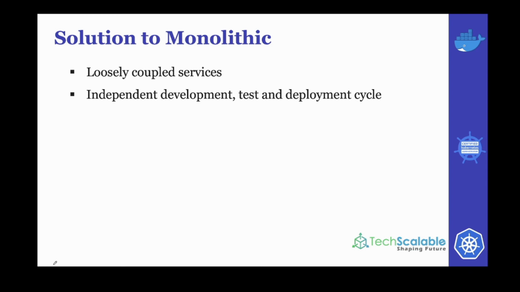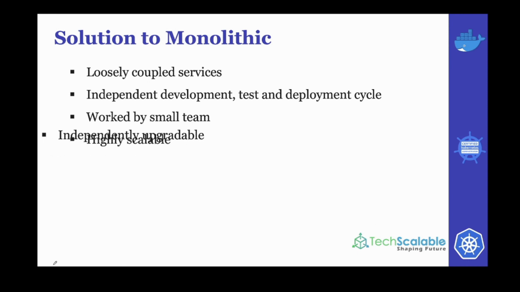Every service, like order management or kitchen management, would have its own CICD pipeline, and it can be worked on by a small team. This way, we can make our application highly scalable. Individual services could be scaled to the needed number of replicas, and I can independently upgrade them. If I have just order management to be upgraded to the newer version, I can go ahead and do that.